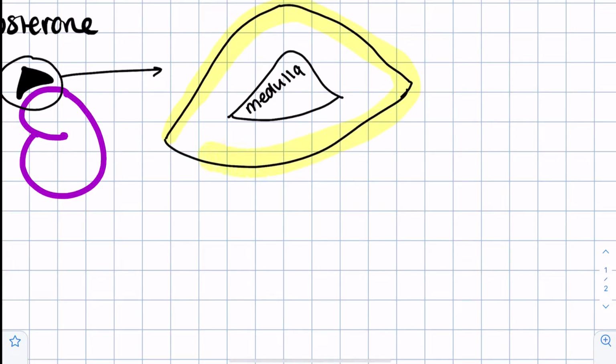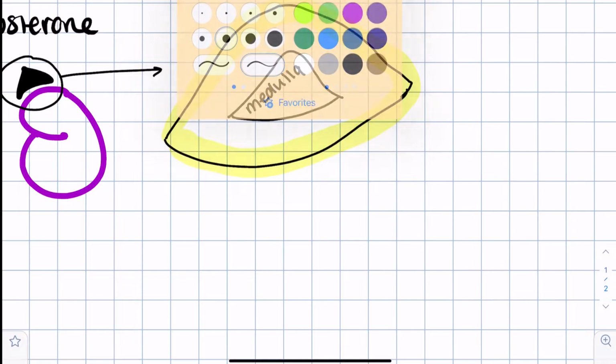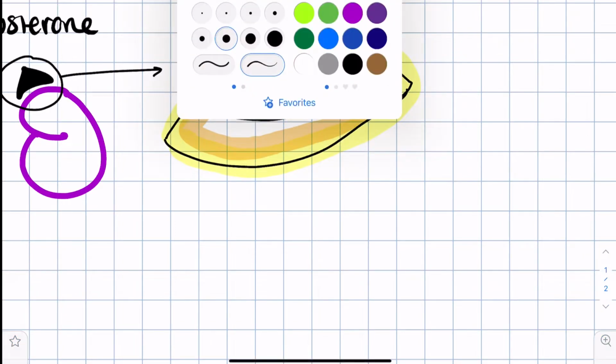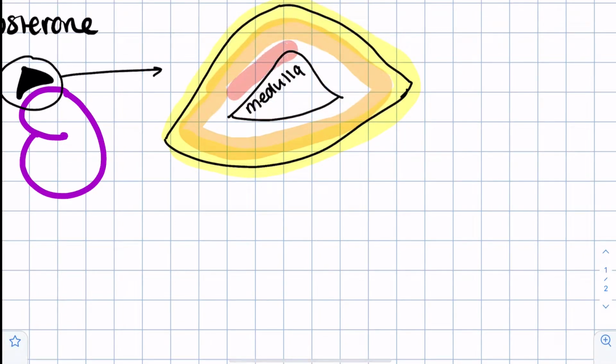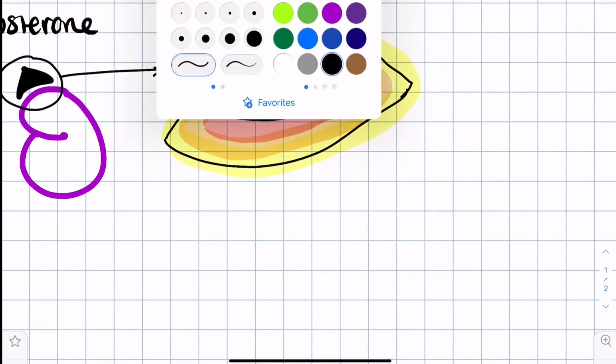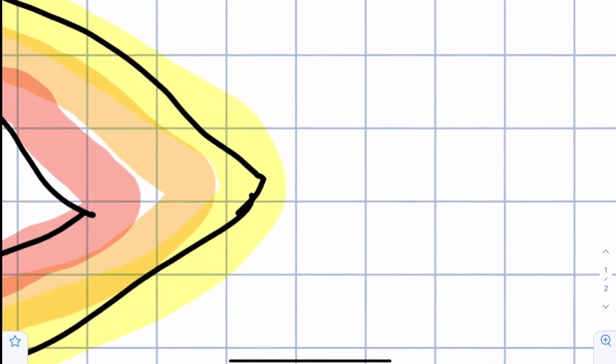So the cortex is made up of 3 layers. We have our outer layer, we have a middle layer, and we have an inner layer. I apologise, I'm not a skilled artist.